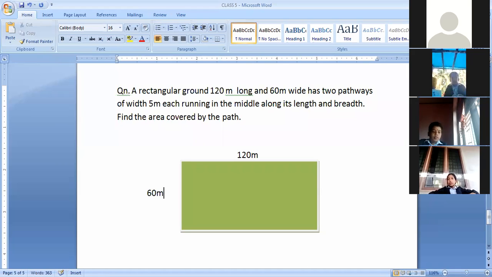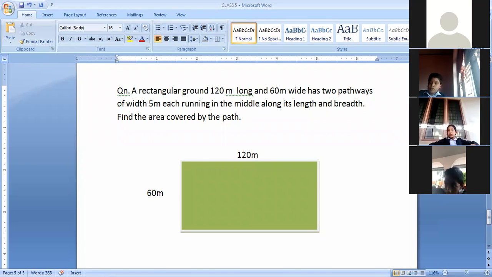Then what can you find from the question next? It has something. 5 meter. It's running in the middle. What is running in the middle? That ground has two pathways. The ground has two pathways, not one.